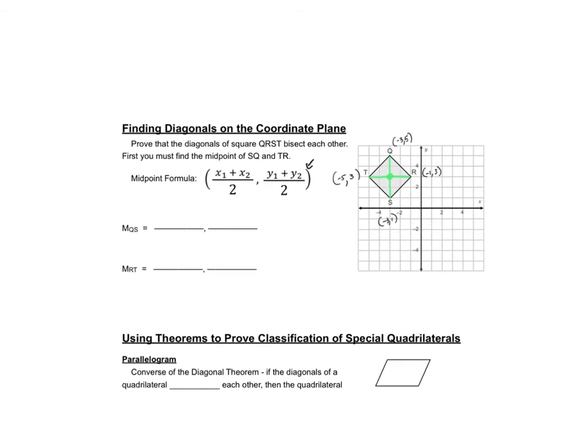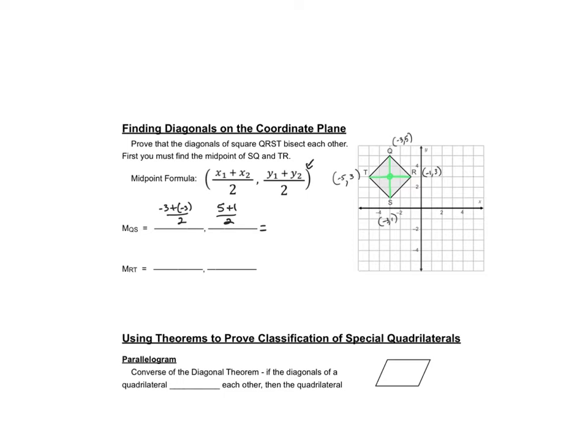So the midpoint of QS is going to be x1 plus x2 over 2. So we have negative 3 plus a negative 3 divided by 2. So there's my x value, and then my y value is going to be 5 plus 1 divided by 2.